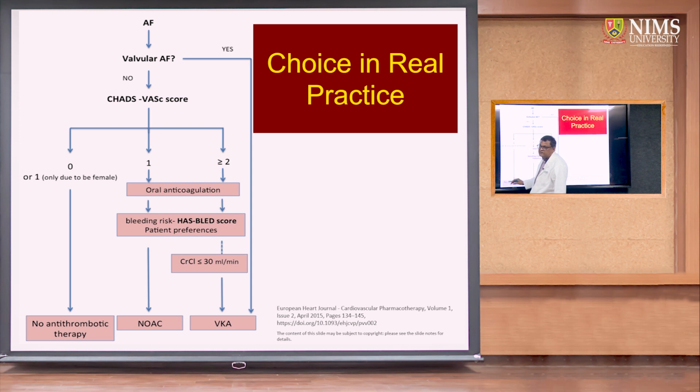Nothing is required if the score is 0, or even if it is 1 in a female, then you may not do anything. But if the score is 1 or more, then you would require some kind of oral anticoagulation. How do you decide what oral anticoagulation to give? You can see if that person has more risk of bleeding. If the person has more risk of bleeding, then you would use a NOAC.